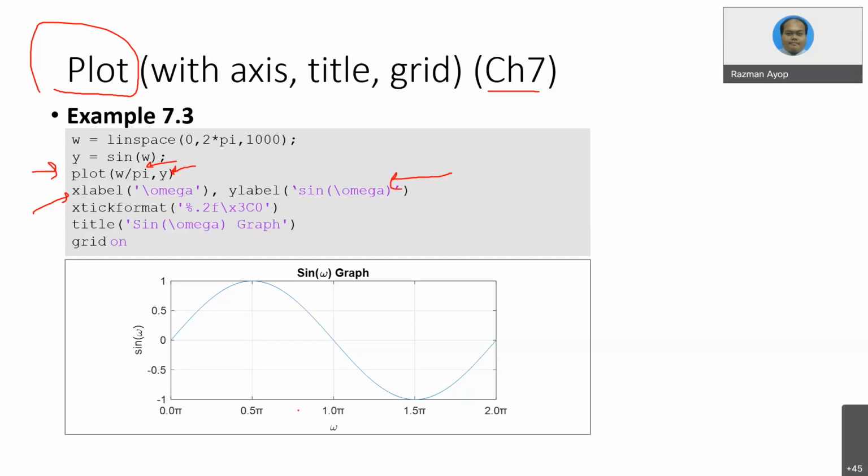This is the X label, this is the Y label. You need to know how to write it. And then you need to know how to add title and how to add grid. Make sure you know the code, how to add grid, title, and X label and Y label, and also how to use the plot function.